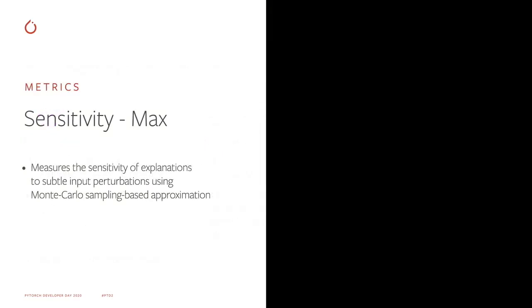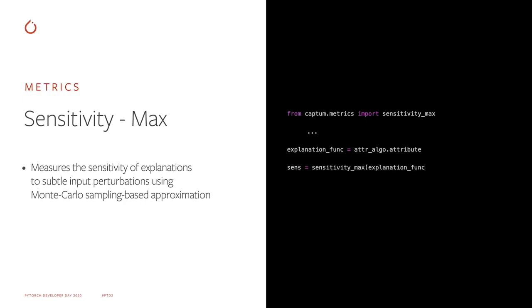Maximum sensitivity measures the sensitivity of explanation to small input perturbations using Monte Carlo sampling-based approximation. On the right side, we can see how we can import sensitivity max from the Captum.metrics package.